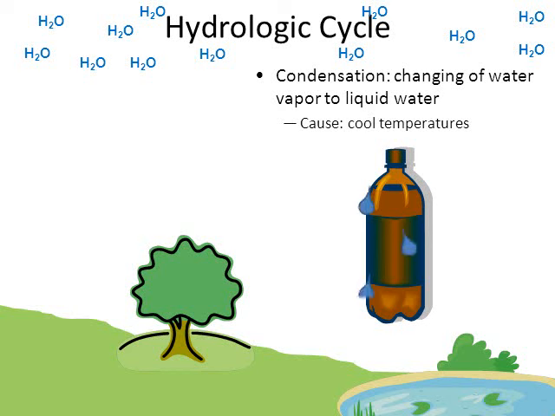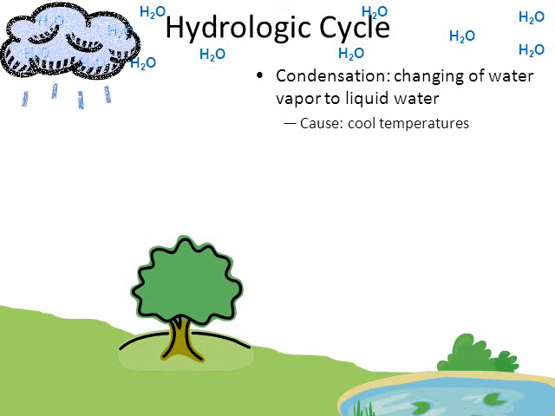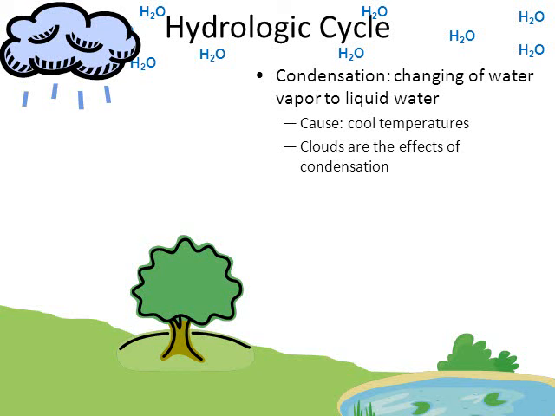After 5 minutes, you come back and there are these little water droplets all over the soda bottle. Well, did water leak out of the bottle? No. Water moisture in the air came in contact with the cold bottle and it condensed and formed these little droplets. The same thing happens when water vapor rises into the air: it cools and condenses and forms clouds. Clouds are the results of condensation.